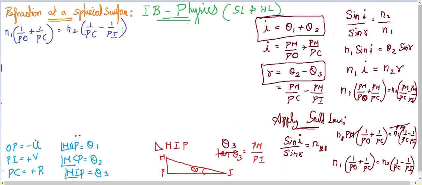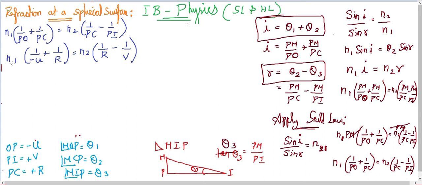Let me substitute all the Cartesian sign conventions here. 1 divided by Po is minus u, plus 1 divided by Pc is R, the radius of curvature, n2 into 1 divided by Pc is R, minus 1 divided by Pi is the image distance v.